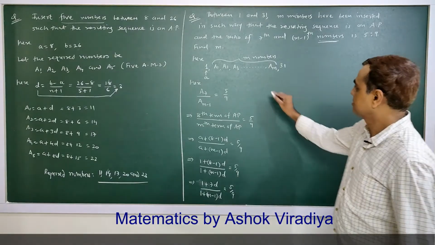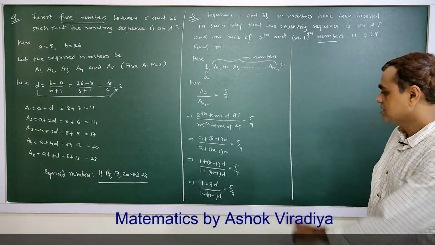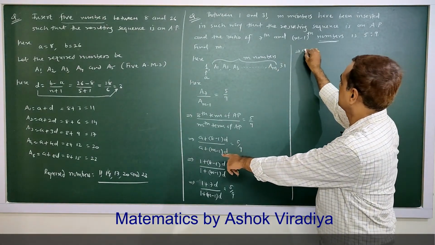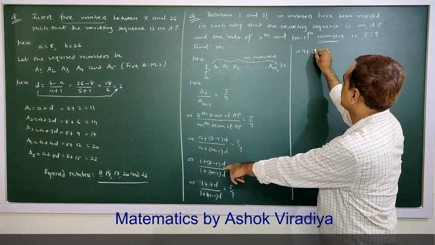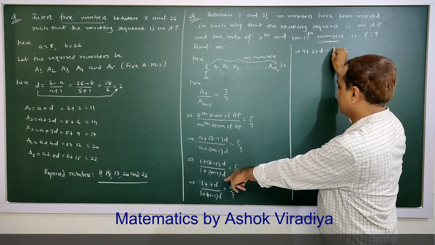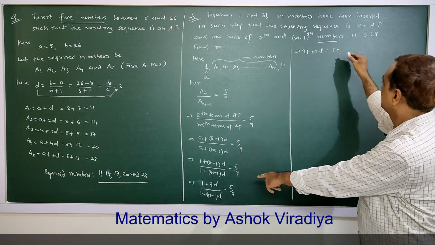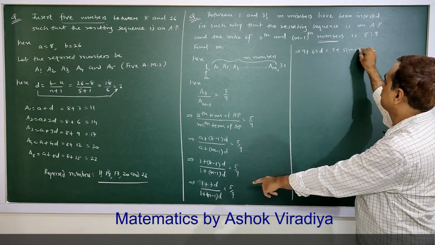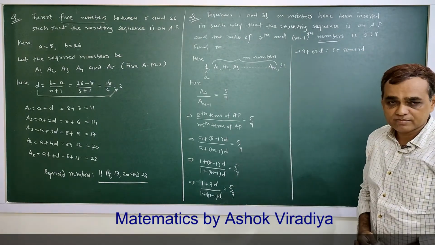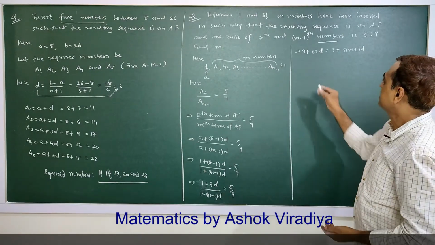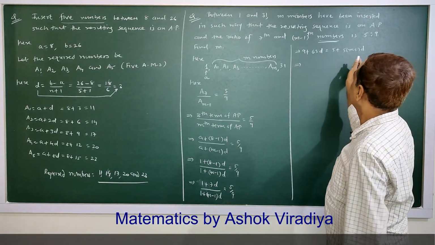Now cross multiplying, 9 plus 9 into 7, 63d equal to 5 plus 5 into m minus 1 into d. We want the value of m.